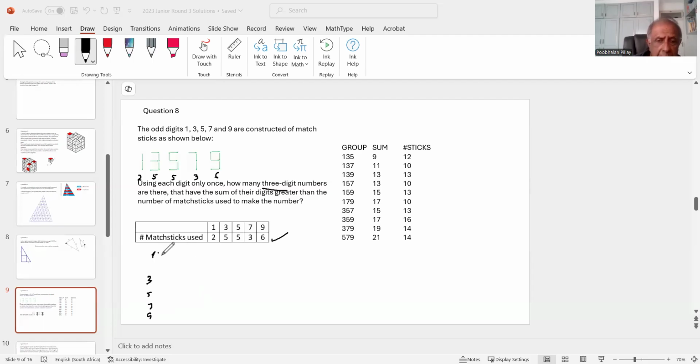Now, once I choose the first digit, then the second digit, you're not allowed to repeat. So the second digit could be 3 or 5 or 7 or 9 in this case.